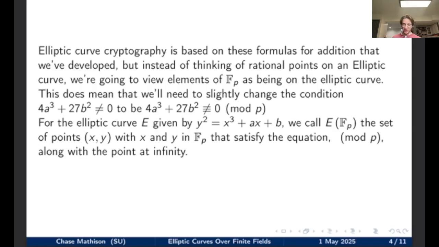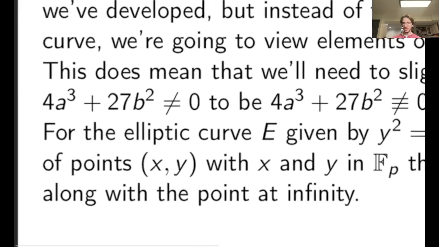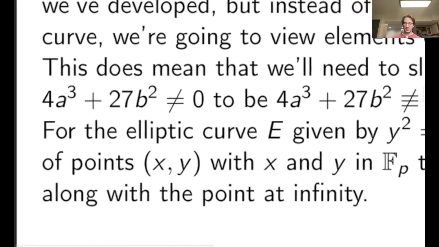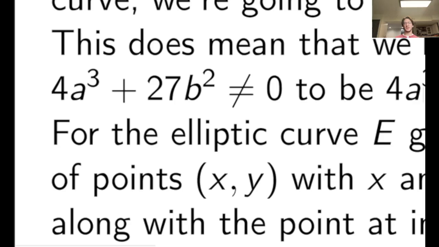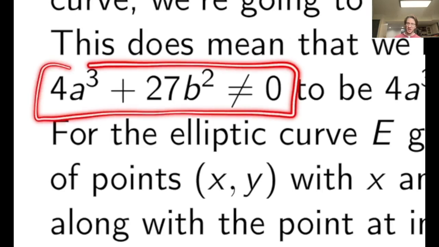So the only modification we need to make then is this requirement for an elliptic curve that 4a cubed plus 27b squared is not equal to 0. That's for elliptic curves viewing just the rational points on an elliptic curve.